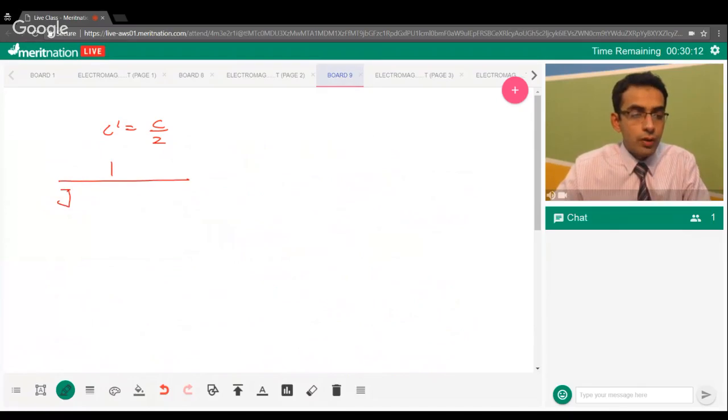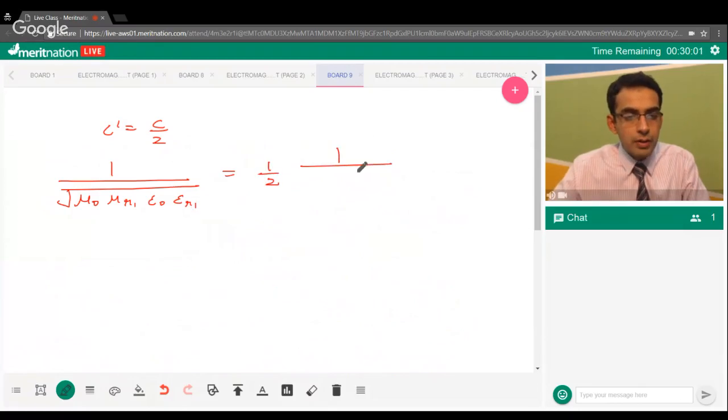Under root of mu naught, mu r1, epsilon naught, epsilon r1 is equal to 1 by 2 times 1 by under root mu naught, sorry, it should be mu r2, epsilon r2, because for medium 2 we have taken r2.